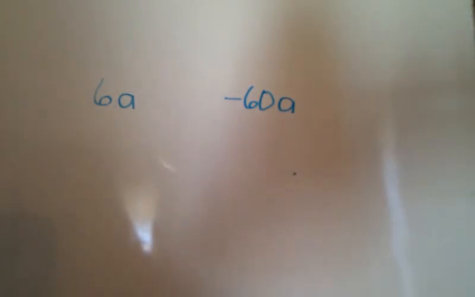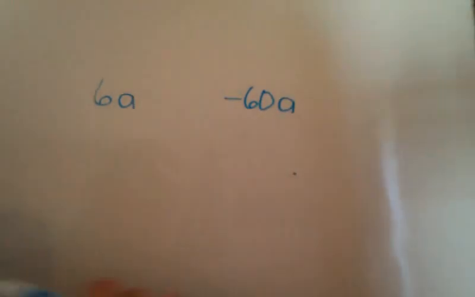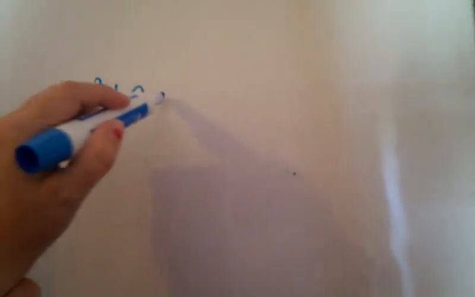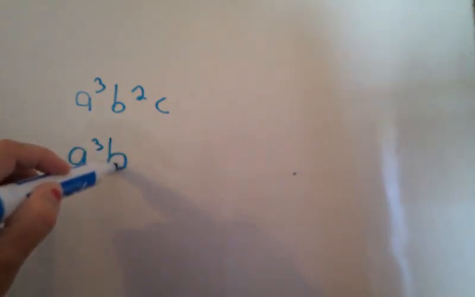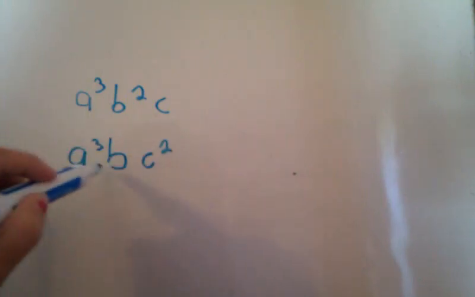Let's go to number 3. Let me write it down. We have a cubed b squared c. We have a cubed b c squared.